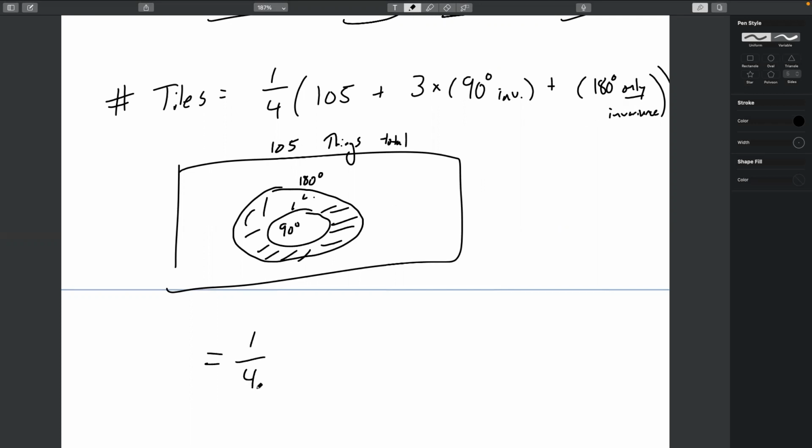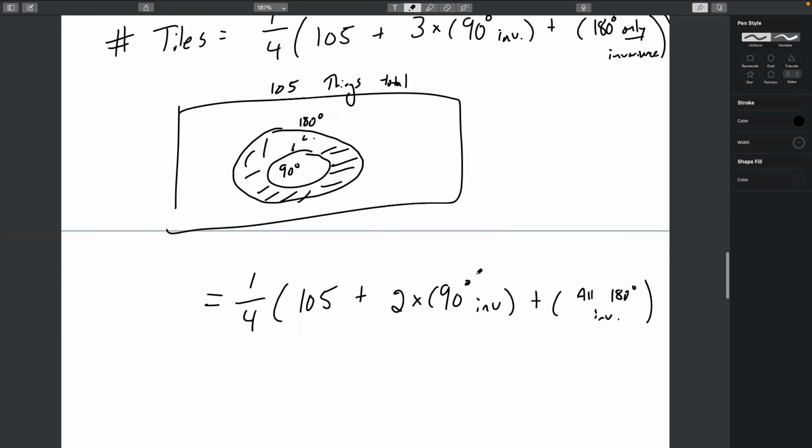If I take one of these 90s and fill in the hole here, fill in this stuff that's missing, then I'll have 1/4 of everything plus twice the 90 degree invariant ones, plus now all of the 180 degree invariant ones, not just the ones that don't have 90 degrees. Does this make sense, how I got from here to here?